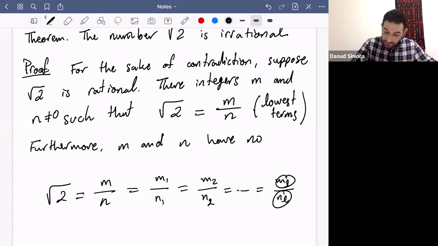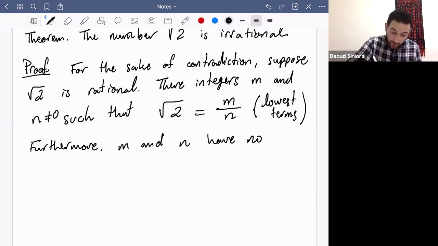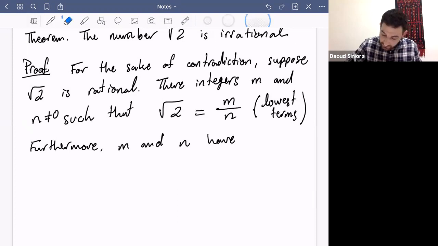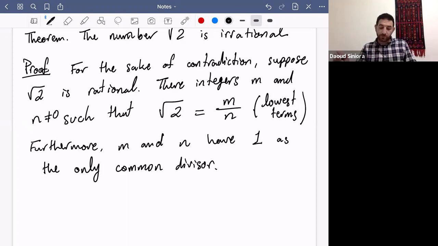Okay, so we can assume that m and n have 1 as the only common divisor.